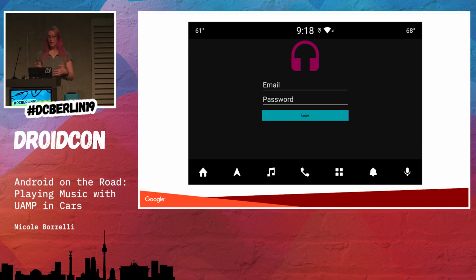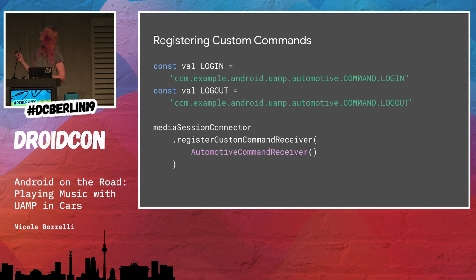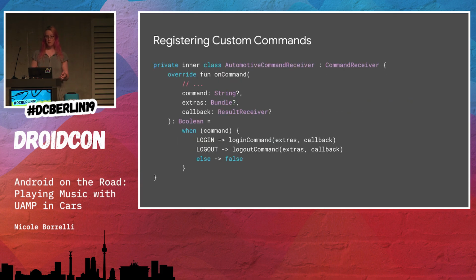At this point, I started working on the custom commands. And so I just created two really simple commands, login and logout, and I registered a command receiver for these. The command receiver is also pretty simple.